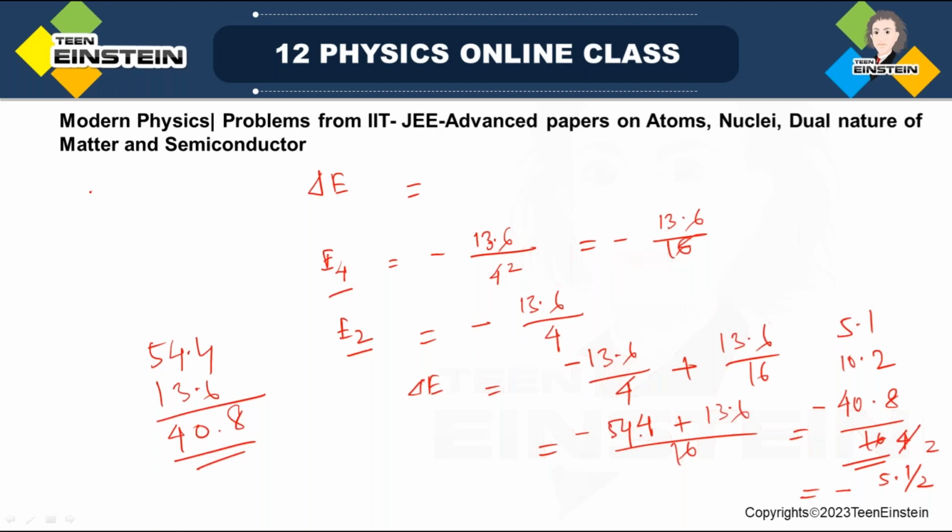Now we know hc by lambda is the energy. So from here the corresponding wavelength we will get. If we compare these two, then we will get delta E is equal to hc by lambda e, so lambda e is equal to hc by delta E, the change in the energy.